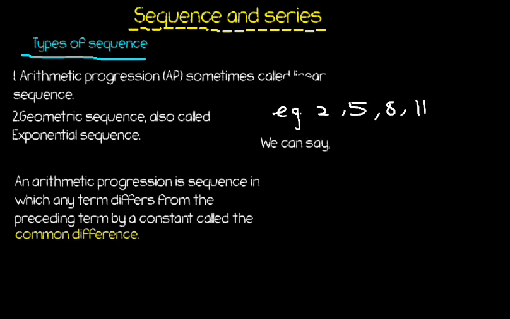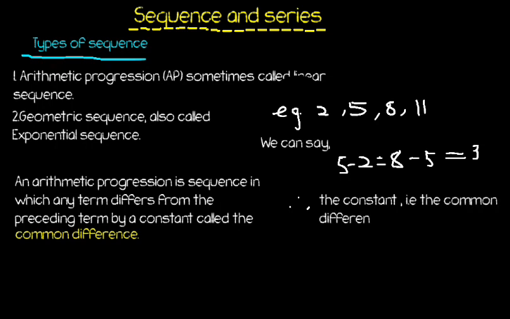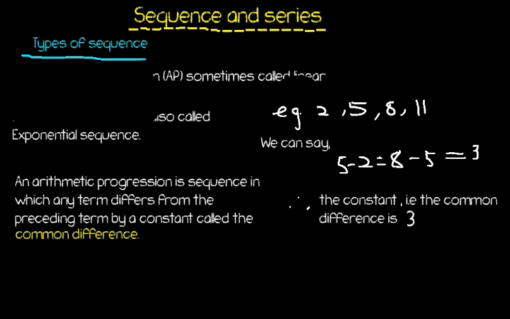You can say that 5 minus 2 should be equal to 8 minus 5, which is equal to 3. So we can say this is an arithmetic progression because it has a common difference, a constant difference, in which if we subtract any preceding term, we get 3.